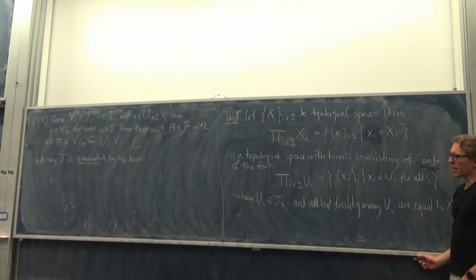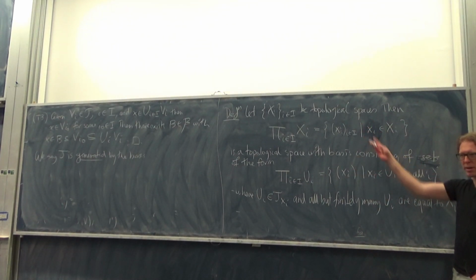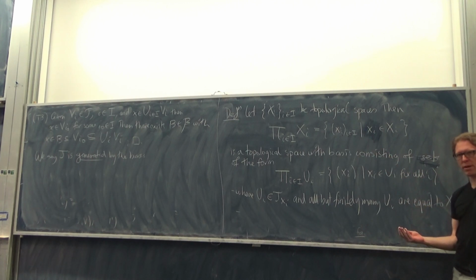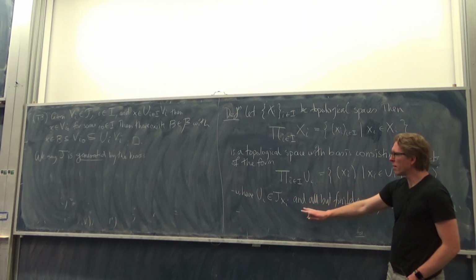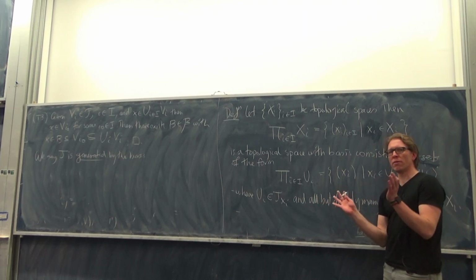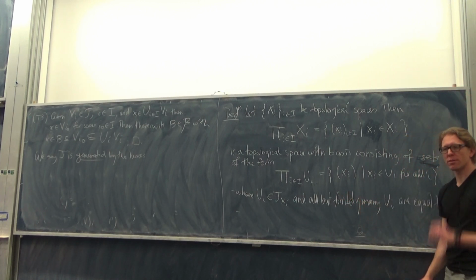Well, for any collection of open subsets, that is a subset. But I don't take that as my basis, all right? You'll see why in a moment. I take as my basis such products, but where almost all of those Ui's are just the whole thing, Xi, and there's finitely many exceptions, right?